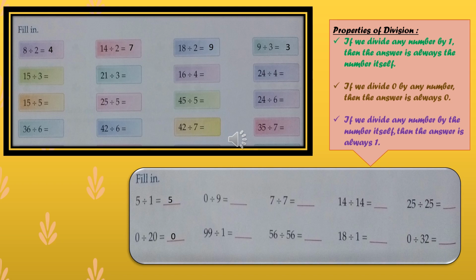The answer will be 18. Now another property, if we divide 0 by any number, then the answer is always 0. Means if we divide 0 by 18 or any number, I am just taking the example of 18, then the answer will always be 0.